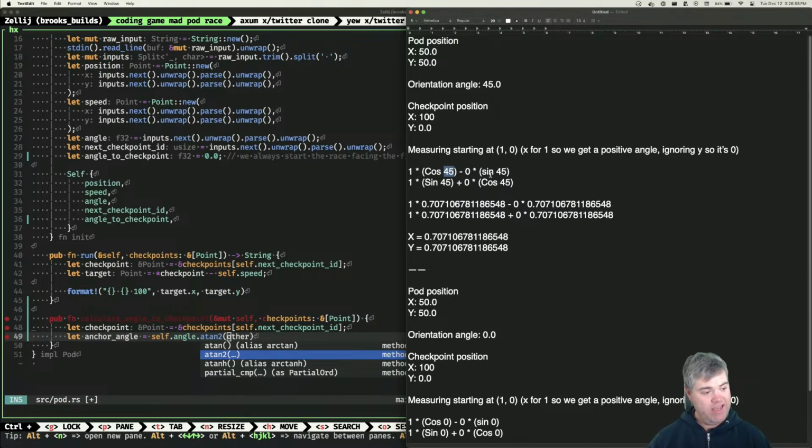Self is the y and you pass in the x. Okay, so that would be 0. That would be, no. I'm starting at 1, 0. Now I'm confused.